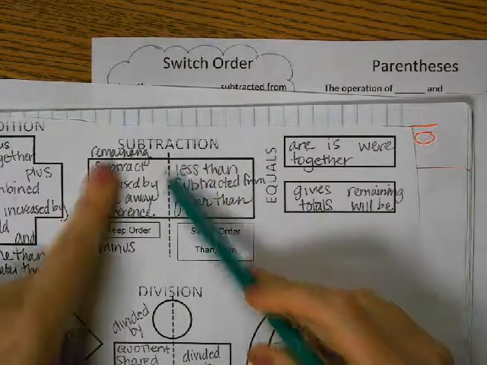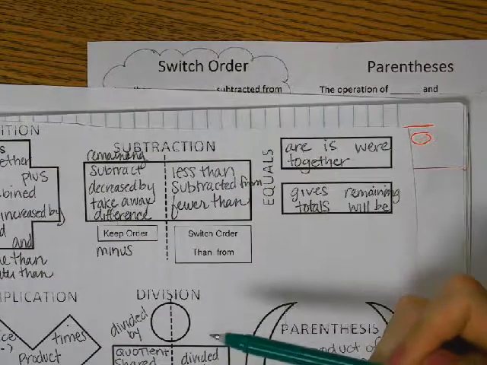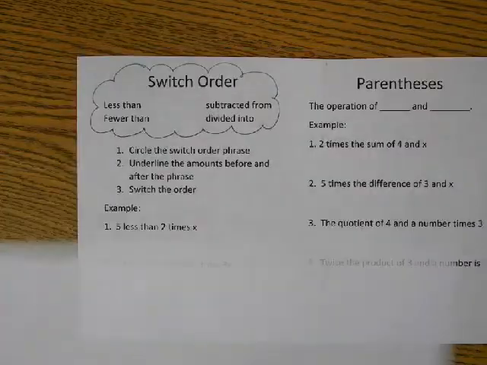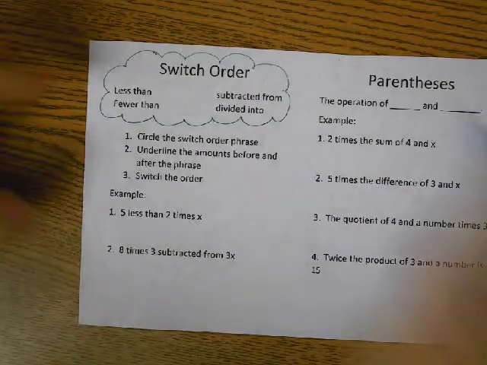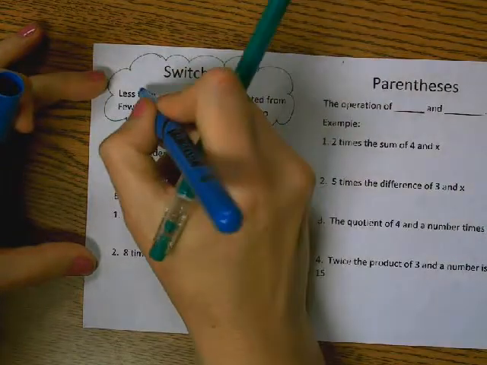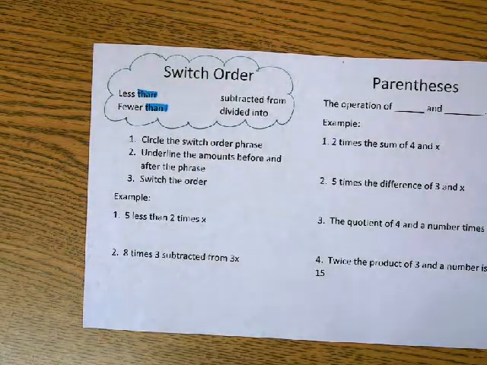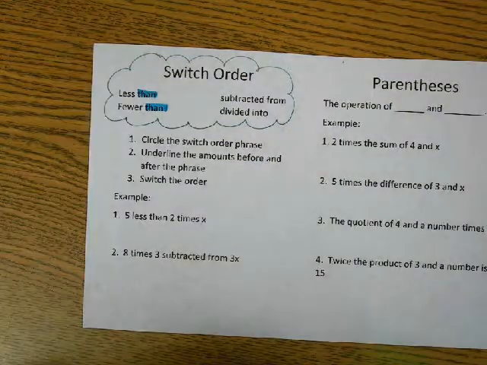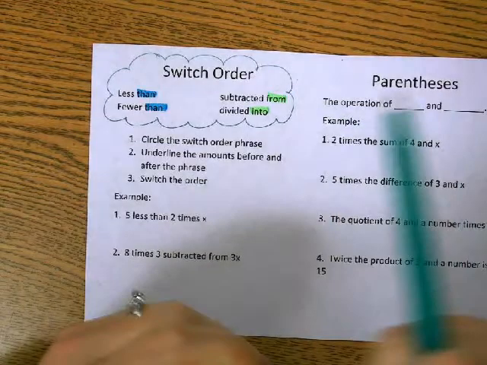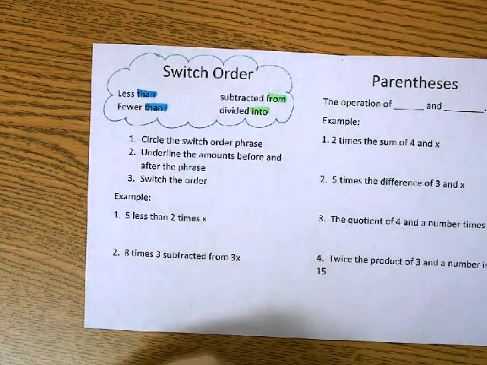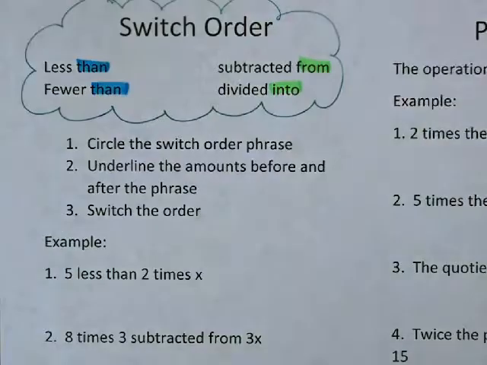This side we keep the same order that they occur in the sentence, but this side we literally switch the order from them. Those words are fewer than, less than, subtracted from, and divided into. So the word than is going to be something you're looking for. You're looking for from and also into. Those phrases are the ones that are going to cause us to switch order.